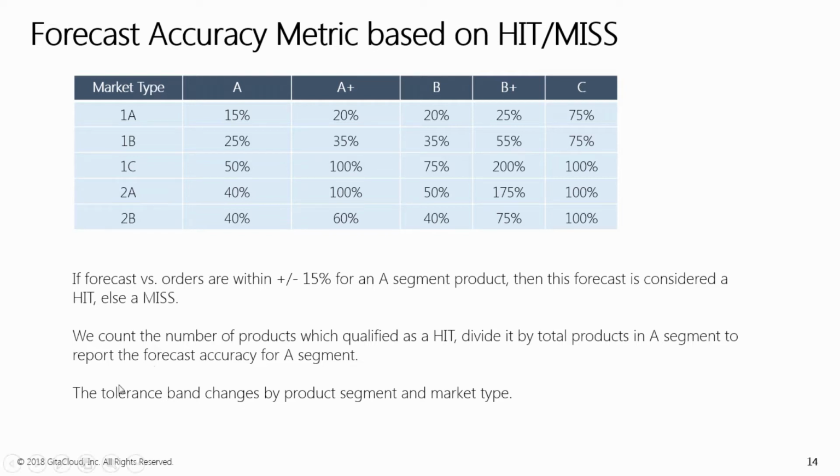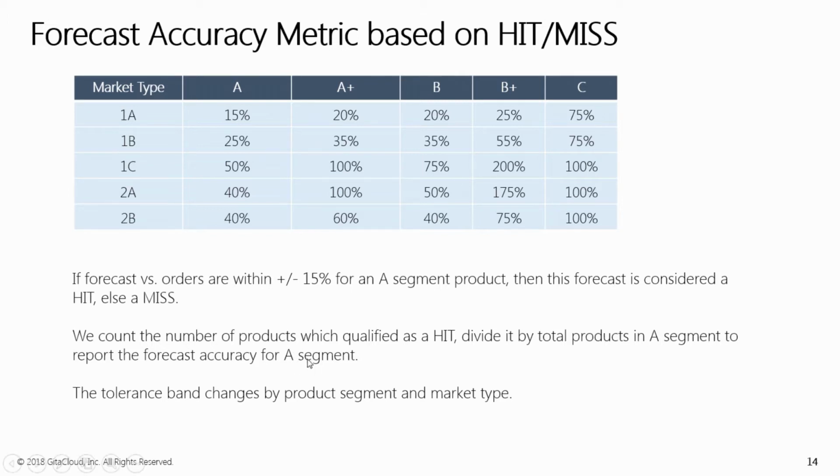Okay. So we count the number of products which qualified as a hit and divide by the total number of products in A segment to report forecast accuracy for A segment. So let us say we're looking at A segment products. For all the products for which Dabur is forecasting, we calculate the hit for each of those SKUs using this criteria, and then the total number of hits divided by the total number of hits plus misses, right?